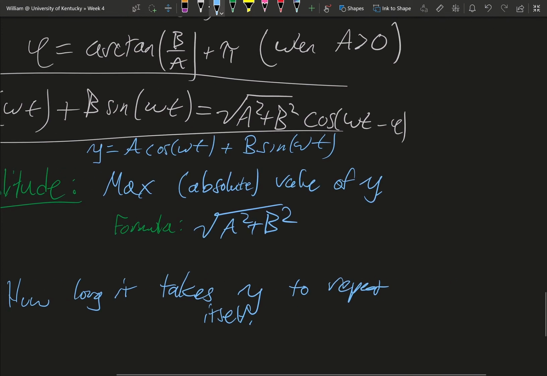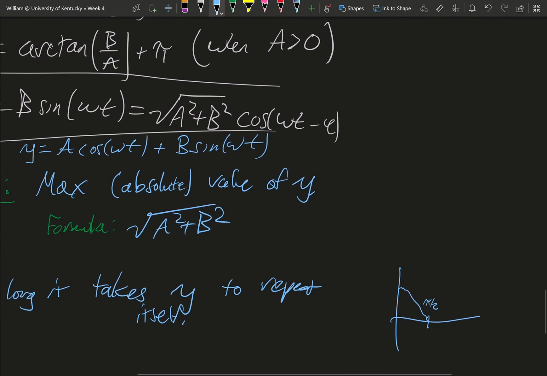We can look at its graph. Starts here at 1. At pi over 2, we hit 0. At pi, we hit negative 1. Then 3 pi over 2, and then 2 pi. We finally repeat ourselves, and then from there it just does the same thing. So the period is this length.